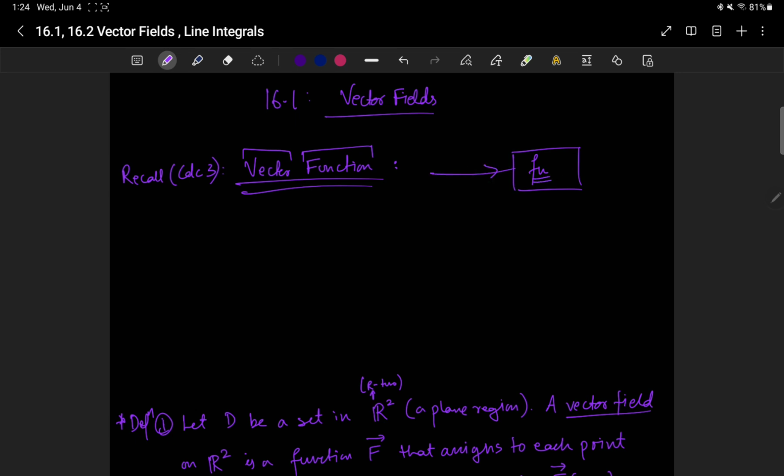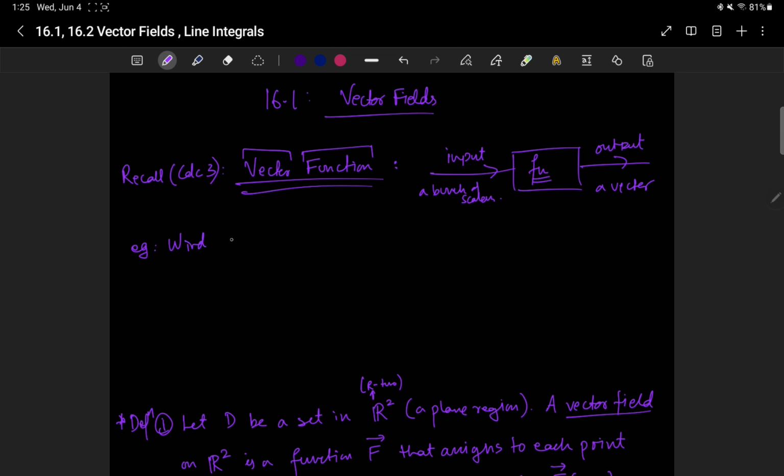The only difference is that what you input in here and what you output are different types of things, right? So the output is a vector and the input is a bunch of scalars. So for example, temperature in your room, oh sorry, that is not a vector function.